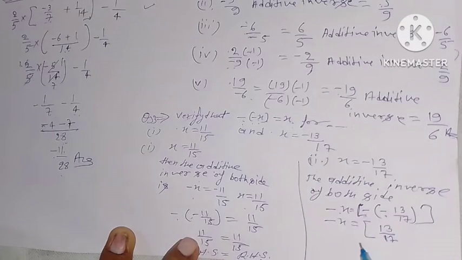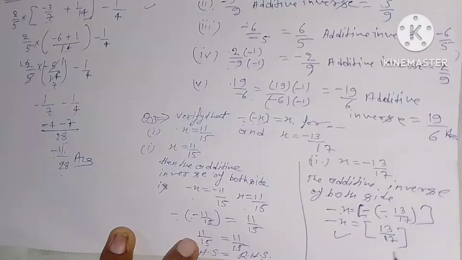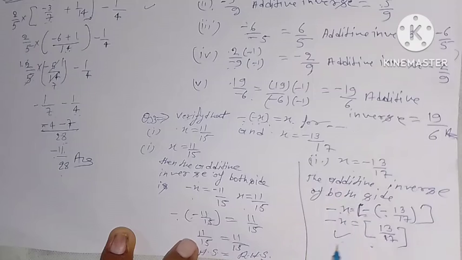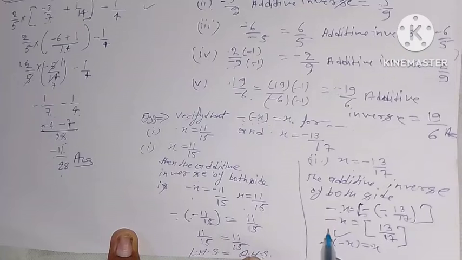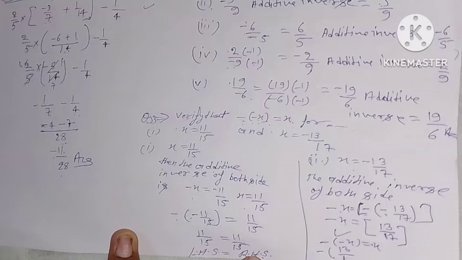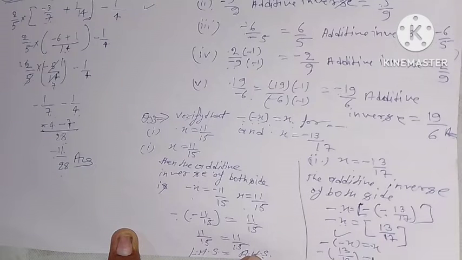Put the values of minus x and x in this equation, which is minus x equals x. Then on the LHS, put the value of minus x, which is minus of 13 upon 17, and it equals the value of x, minus 13 upon 17.